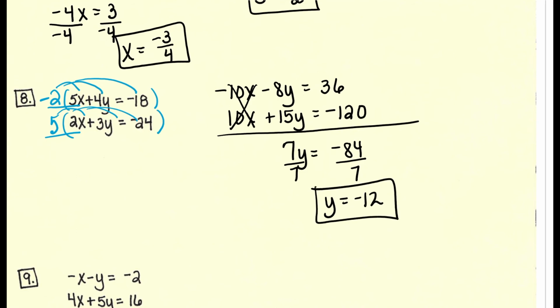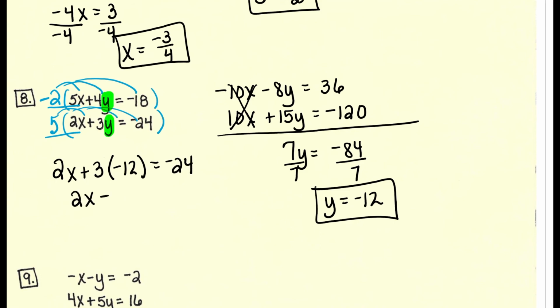All right, let's let that negative 12 go live in one of the equations, so I can plug it in here or into the bottom equation. I'm going to go to the bottom equation and plug that in. So I'll have 2x plus 3, and where my y is, that's negative 12, equals negative 24.